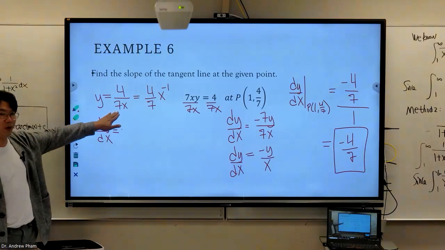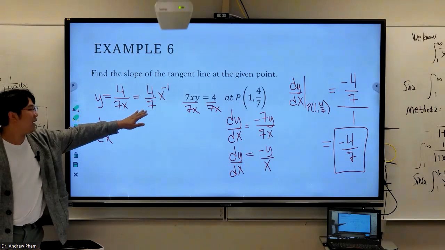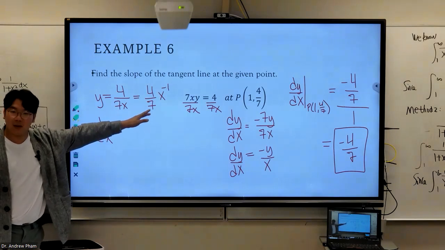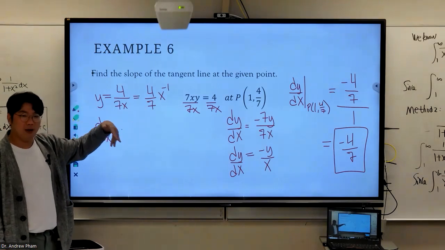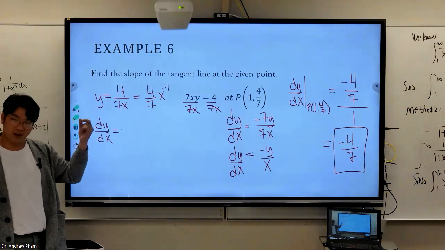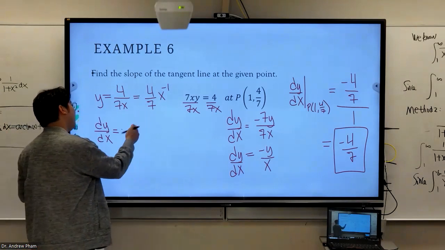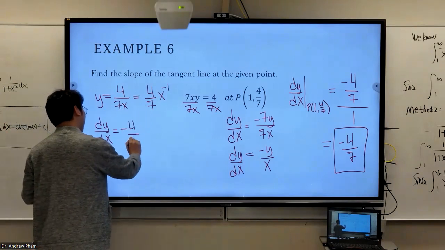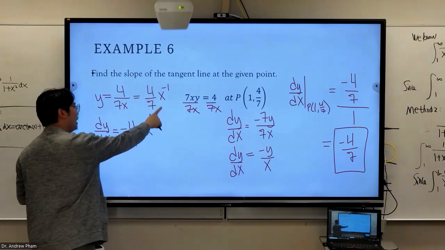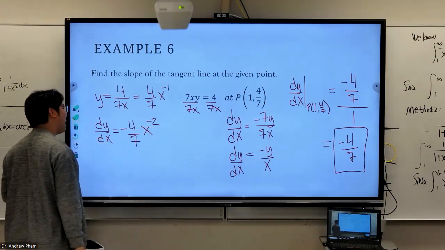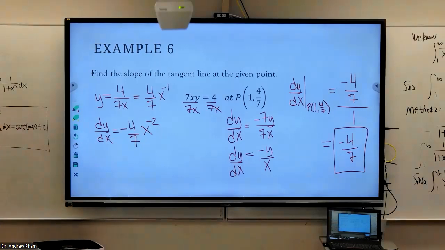Either you can use the quotient rule, or we can just use the power rule here. It's x to a power, so we can do the power rule. Bring down the power, so we have -1 times 4/7. And then I reduce the power by 1, so x to the -2 power.